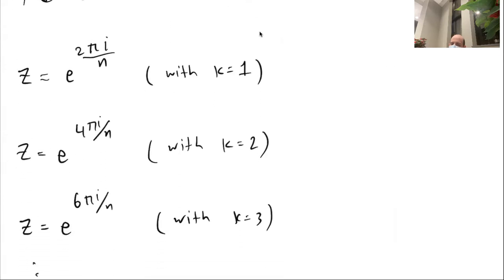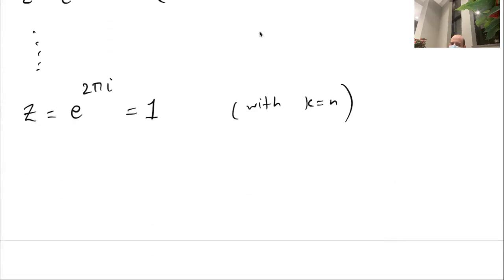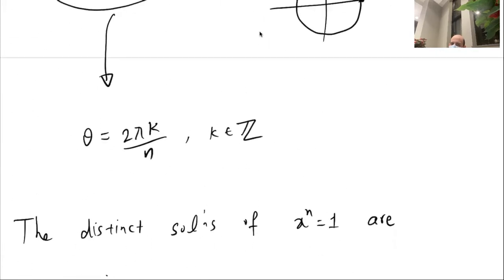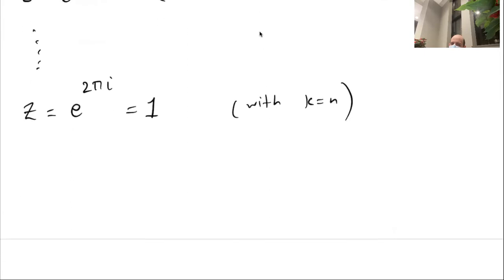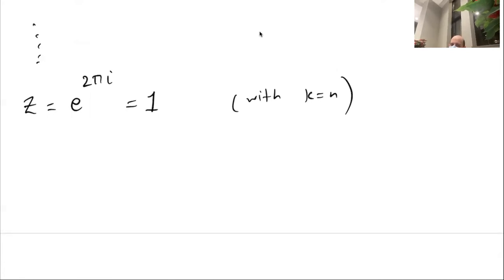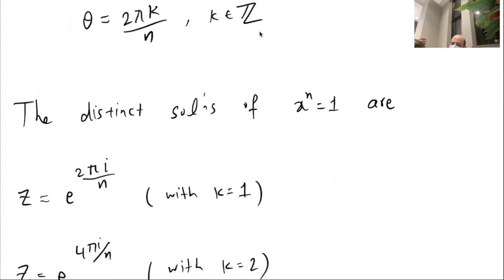If k equals 3, the solution will be e to the power 6 pi i over n. And all the way to if k is equal to n, the solution will be e to the power 2 pi n i over n, which is e to the power 2 pi i. And e to the power 2 pi i means cos 2 pi plus i sine 2 pi, and that's just 1. And of course, 1 is a solution for x to the power n equals 1. So we were expecting to get 1 as one of the solutions.